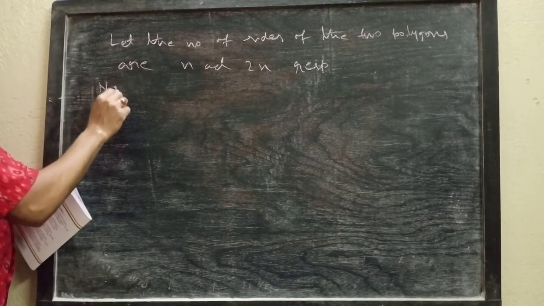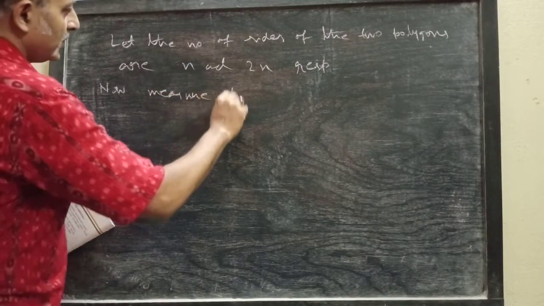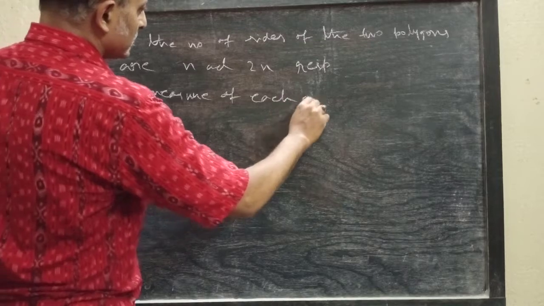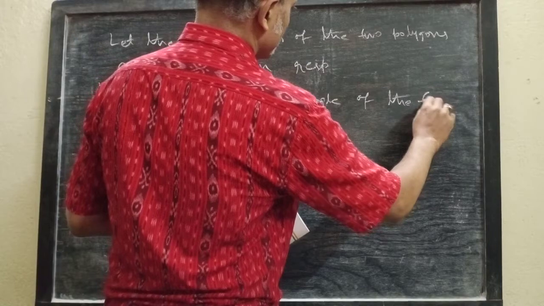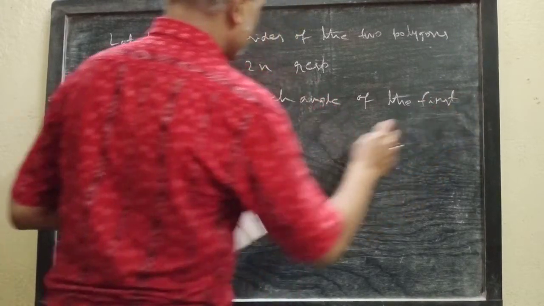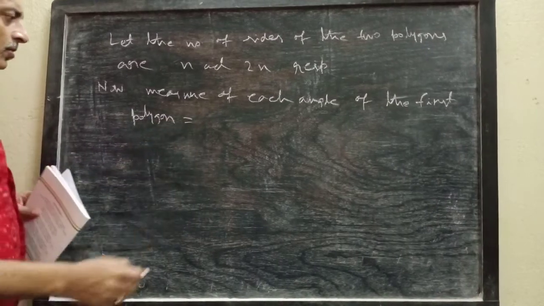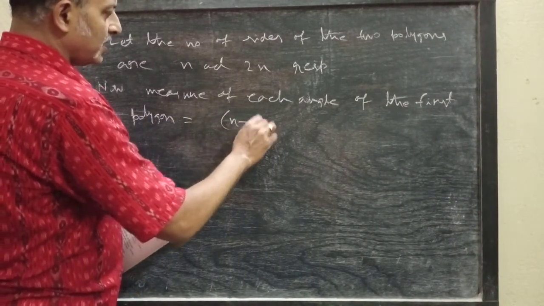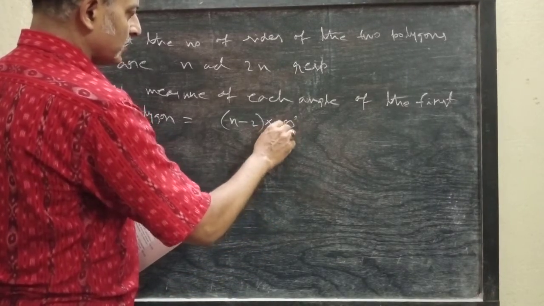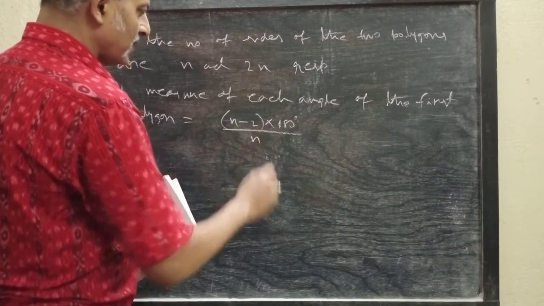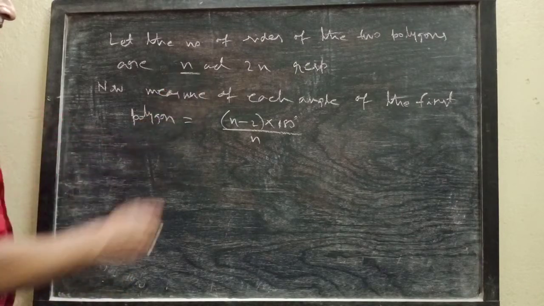Now, the measure of each angle of the first polygon. We know the sum of the interior angles of a polygon having n sides is n minus 2 into 180 degrees. If we divide this by the number of sides n, it will give the measure of each angle of the first polygon because it has n sides.